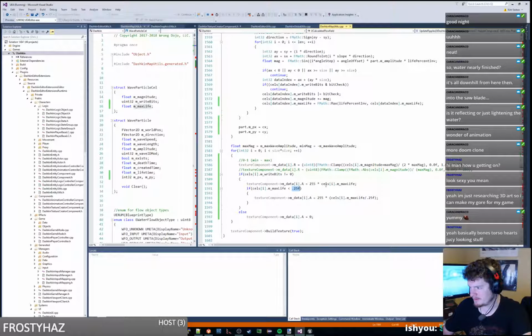Alright, so the issue is this max life in the A channel is getting set to something that's wrong. I mean, if it's less than 0.25, this value right here should just be max life divided by 0.25, which should go from 0 to 0.25, so why wouldn't it do that?